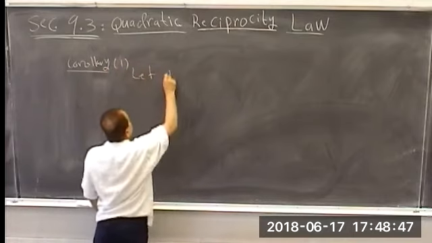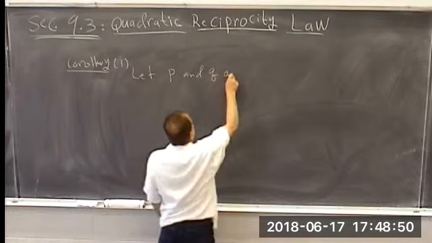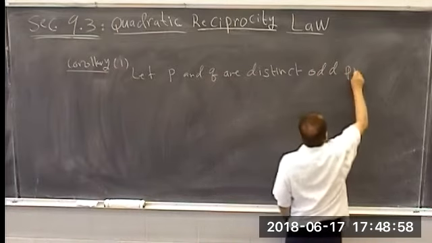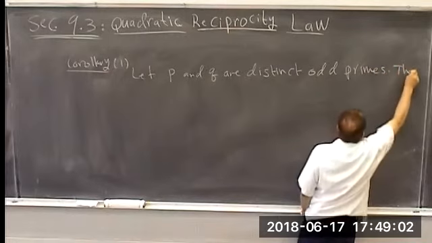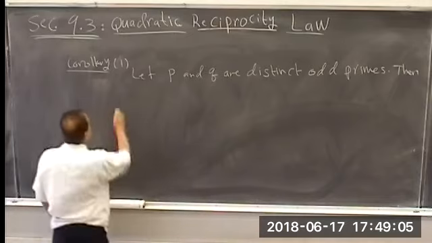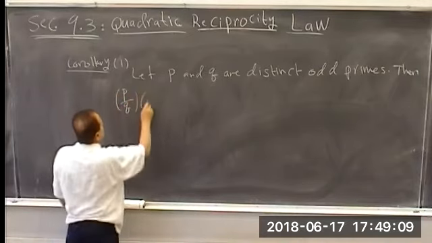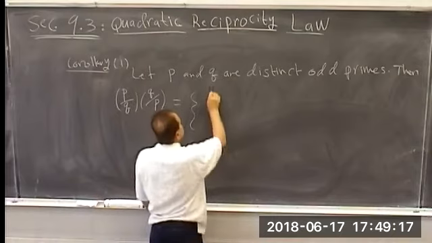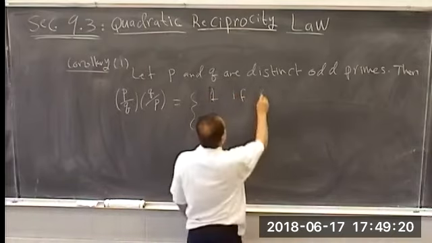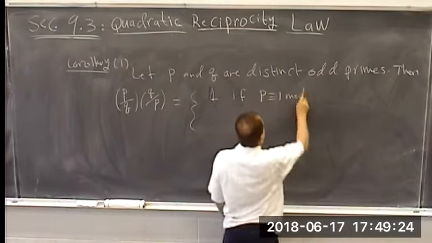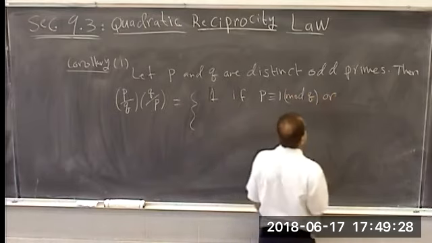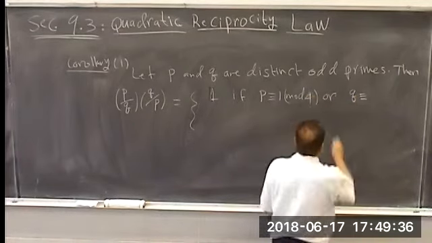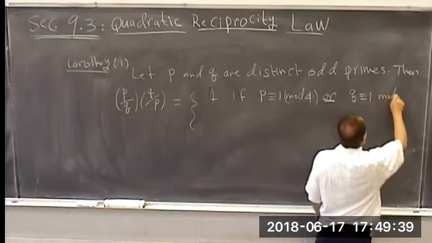Again, we're given that P and Q are distinct primes. Then (P over Q)(Q over P) is equal to 1 if P is congruent to 1 mod 4, or Q is congruent to 1 mod 4.